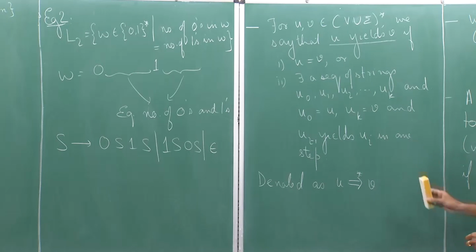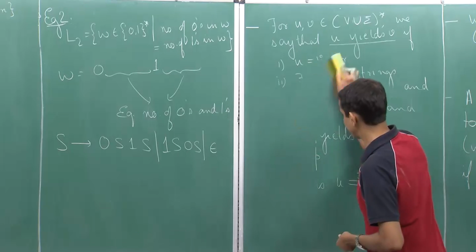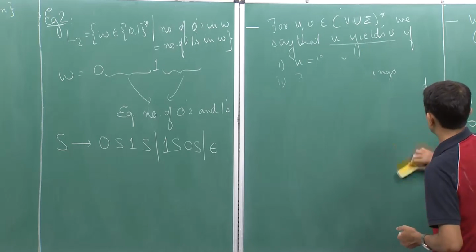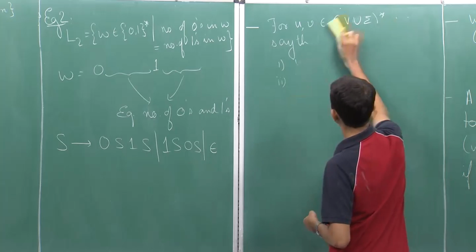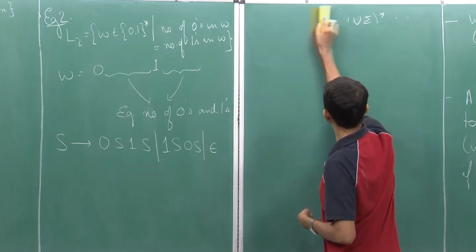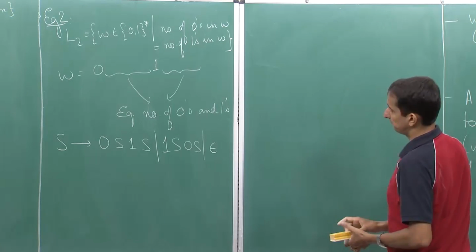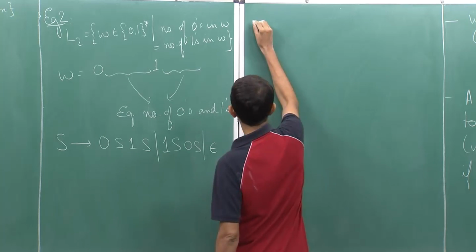So, now we will see our third example, which is kind of similar. So, this is known as the language of balanced parenthesis.